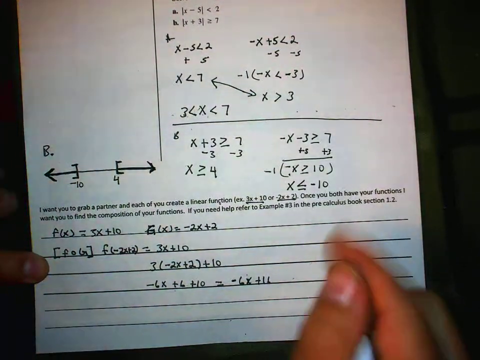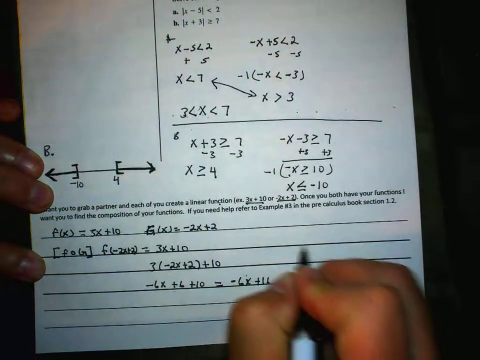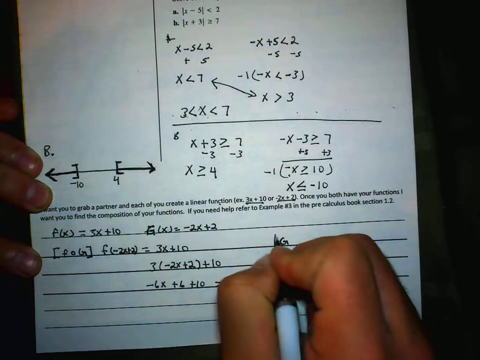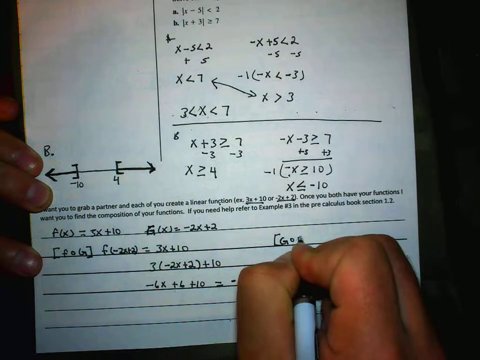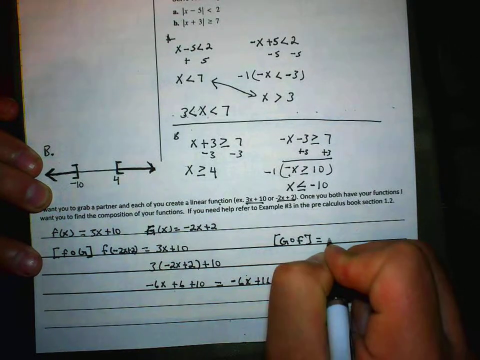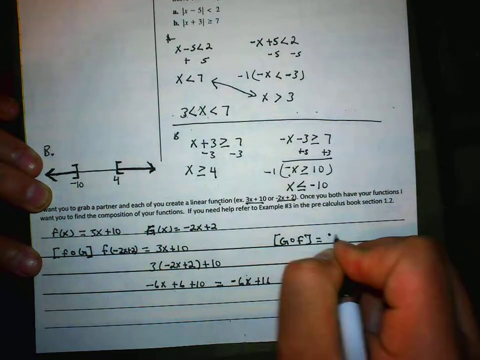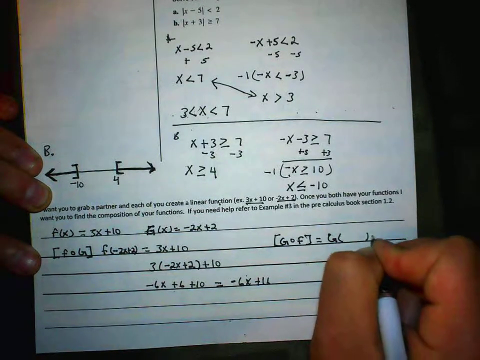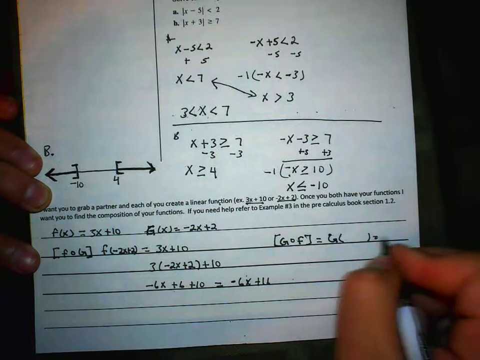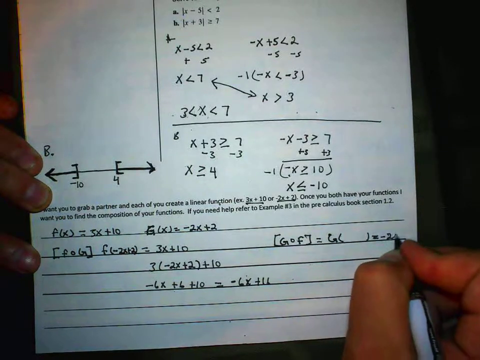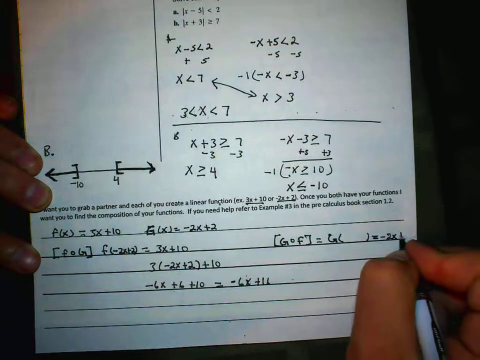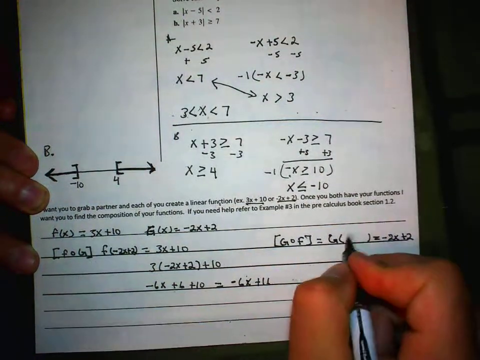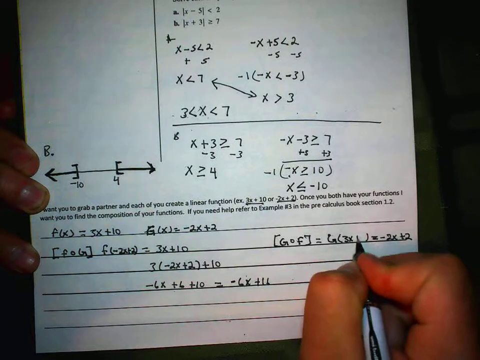The second composition of this function is written in the exact opposite, and it would say g insert f. So I'd start with g here, open those parentheses up, and g originally is equal to negative 2x plus 2. Well, I need to insert f, so right here I'm putting 3x plus 10.